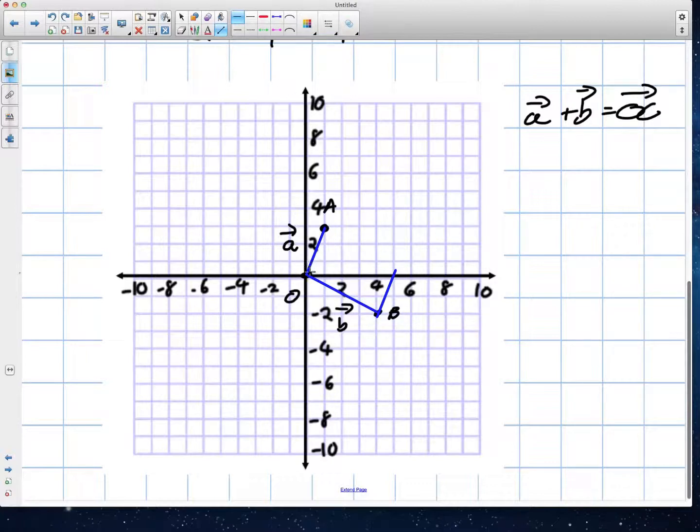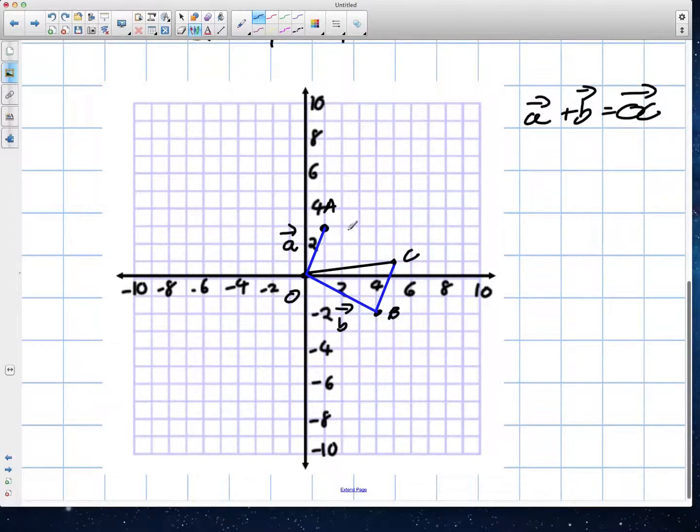I don't think I've graphed it perfectly, but here's our OC, this point here. It should be up a little more, I believe. There we go. So there's our OC. So this becomes coordinate C, and that's going to be our vector OC.